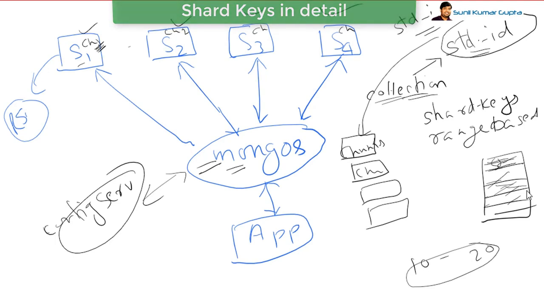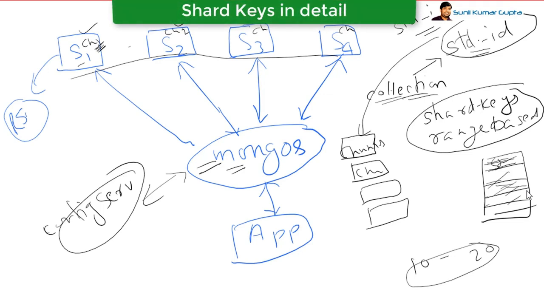Suppose we are not following the shard key while creating the shards. Then what will happen when you search for student ID 10? Mongos will scan all these 4 shards and it will take a lot of time. That's why they created this shard key, which is range based.